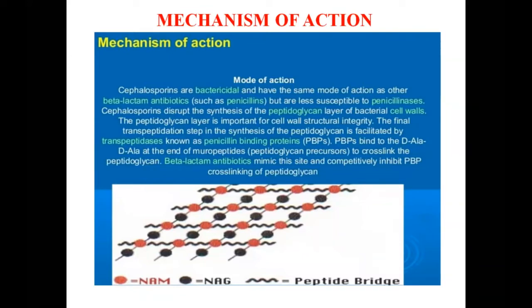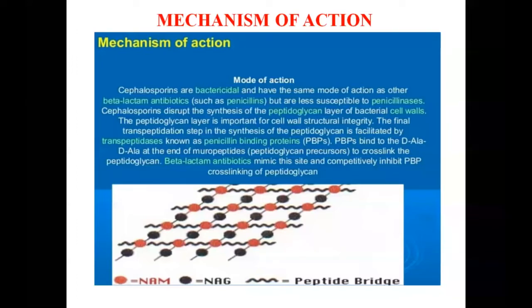They are responsible for facilitating the cell wall synthesis. And beta-lactam antibiotics inhibit the cell wall synthesis. What they do is they inhibit the transpeptidases. And once they inhibit the transpeptidases, the cell wall synthesis is affected.